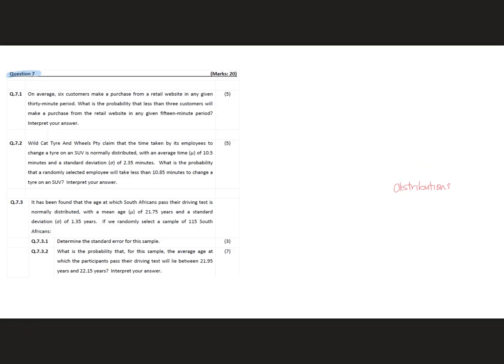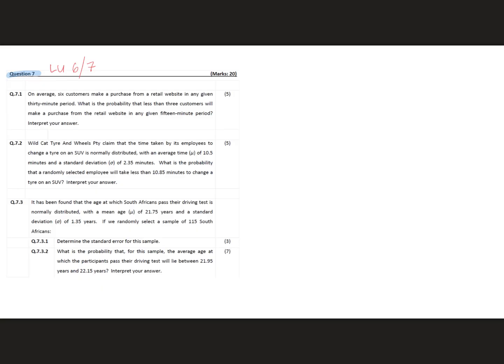So remember, this is learning unit 6 and learning unit 7 that is covered in this question. Learning unit 6 is the first part made up of a binomial and a Poisson distribution. And then it also has a normal distribution, which is then continued into learning unit 7.